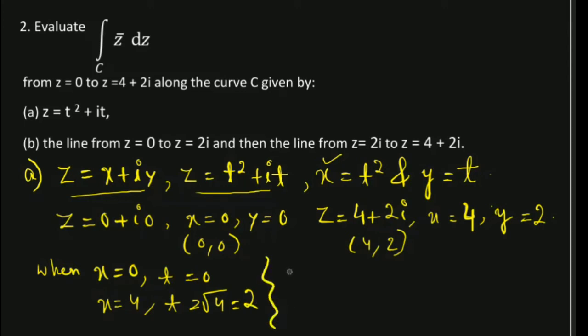Similarly we can also find the limit for y. When y is equal to 0, then t is equal to 0, and when y is equal to 2, then t is also equal to 2. In both the cases, for x and y, we get the same value of t as limit.